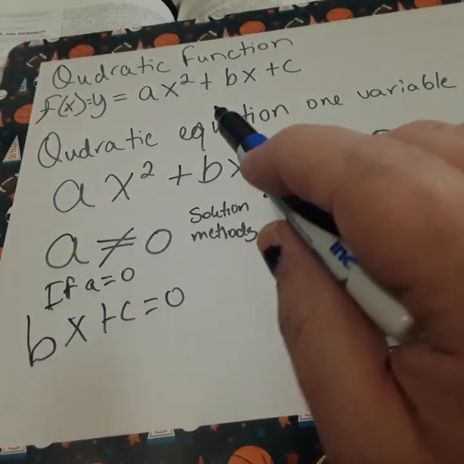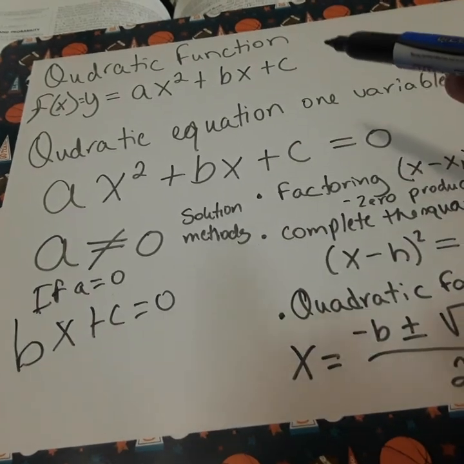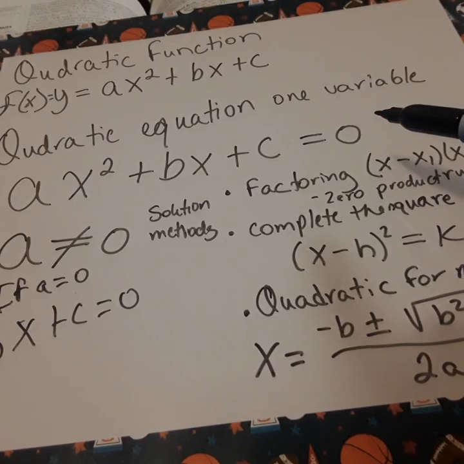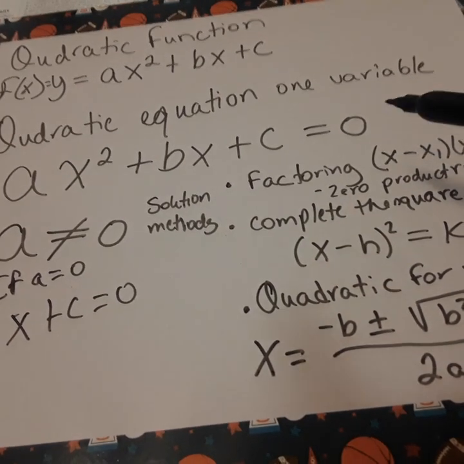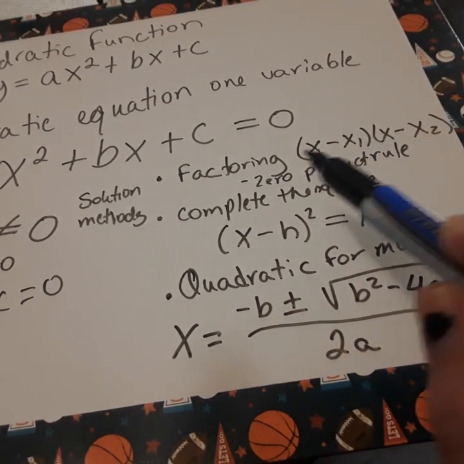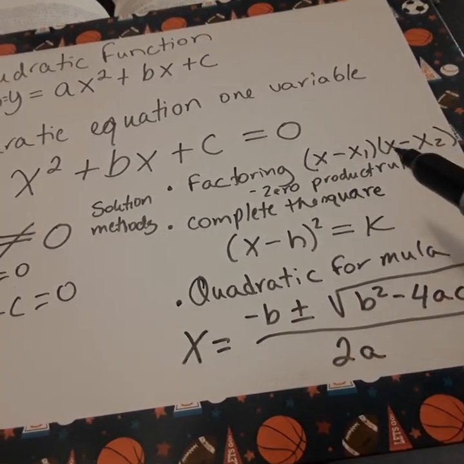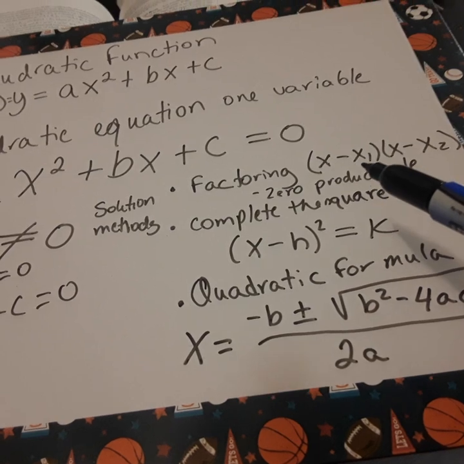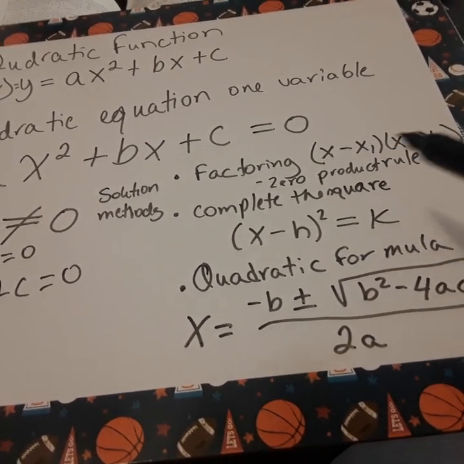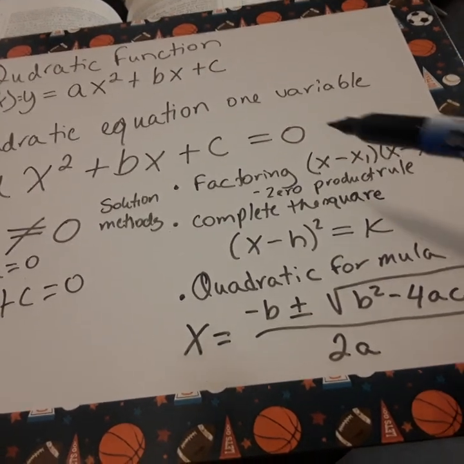Now we know that a quadratic equation is in this form, the standard form, and we can find solutions using different methods. One of the methods is factoring, where we factor the quadratic equation into two linear binomials, and then we use the zero product rule to find the roots or the zeros of the equation.